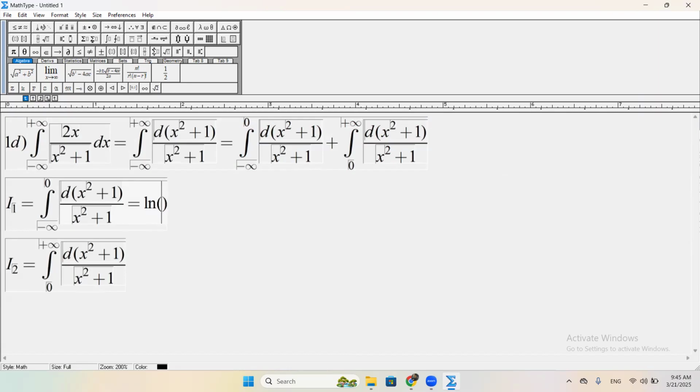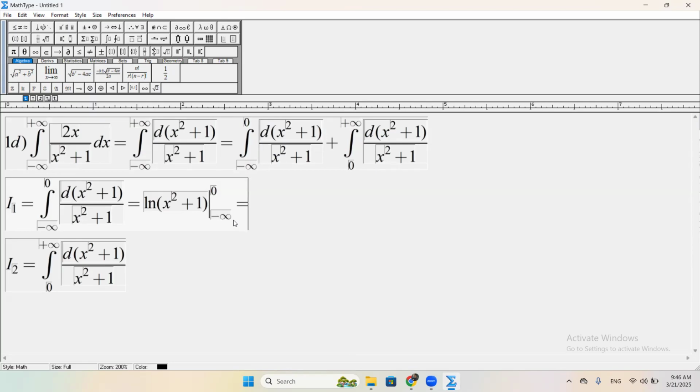So logarithm of x squared plus 1, with the substitutions from minus infinity to 0. When x equals 0, this logarithm equals 0.